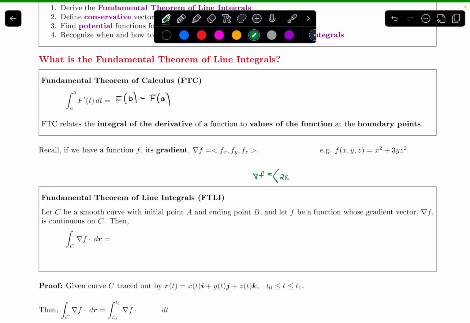But then for that next term, it's just y's and z's. They get treated as constants, so that derivative is 0. So I get this plus 0. That's the partial of f with respect to x, which I could either write like this, or my other notation is I write this kind of like curvy d of f over curvy d of x.